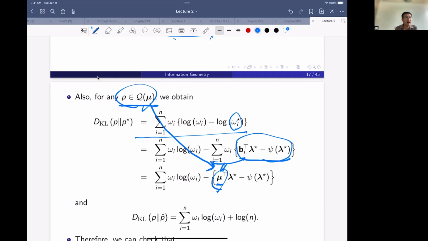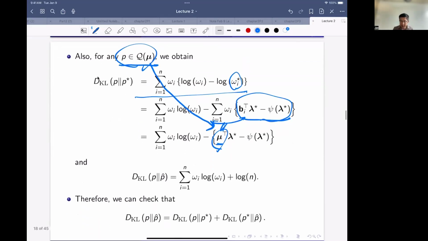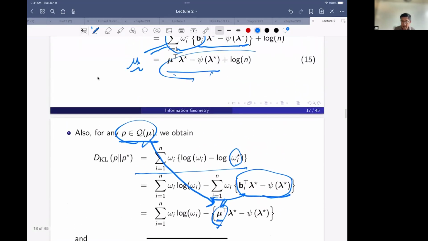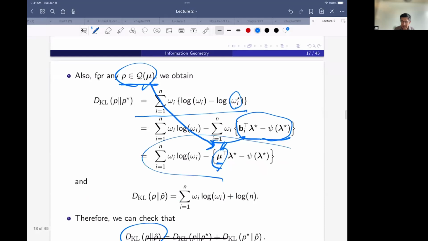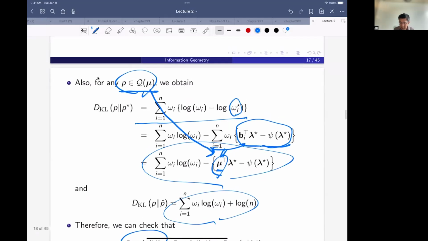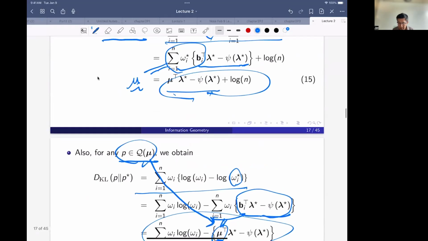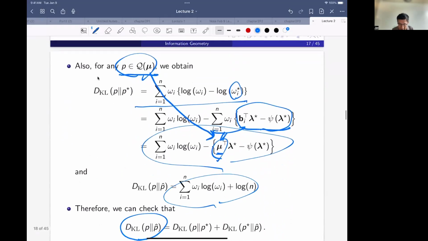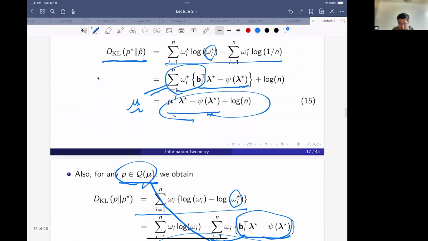So P star belongs to this space, right? And so you can see that this guy here is this guy plus this guy, because, no, the other way. P P hat.